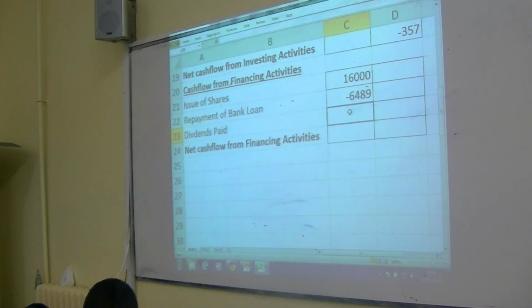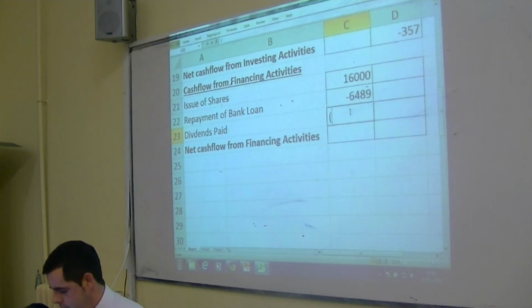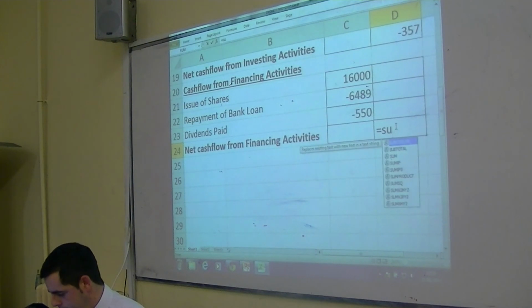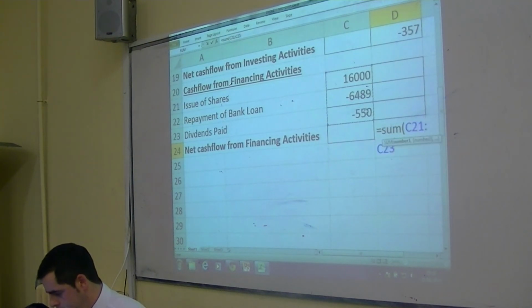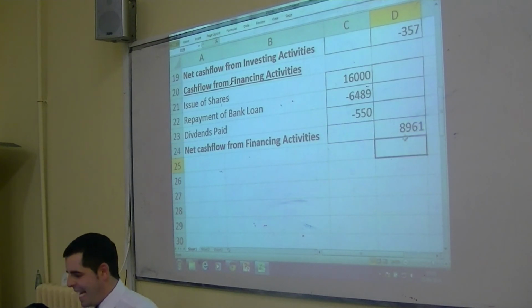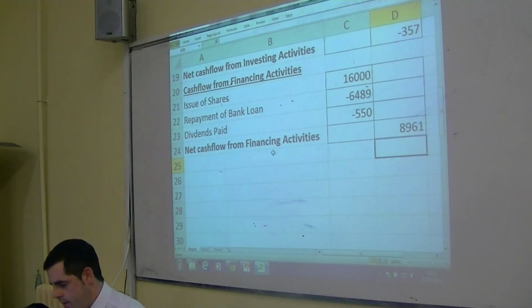So we have 200 and we have 350. So that's 550 in total. So that goes into our cash flow from financing. That gives us 8961 positive.